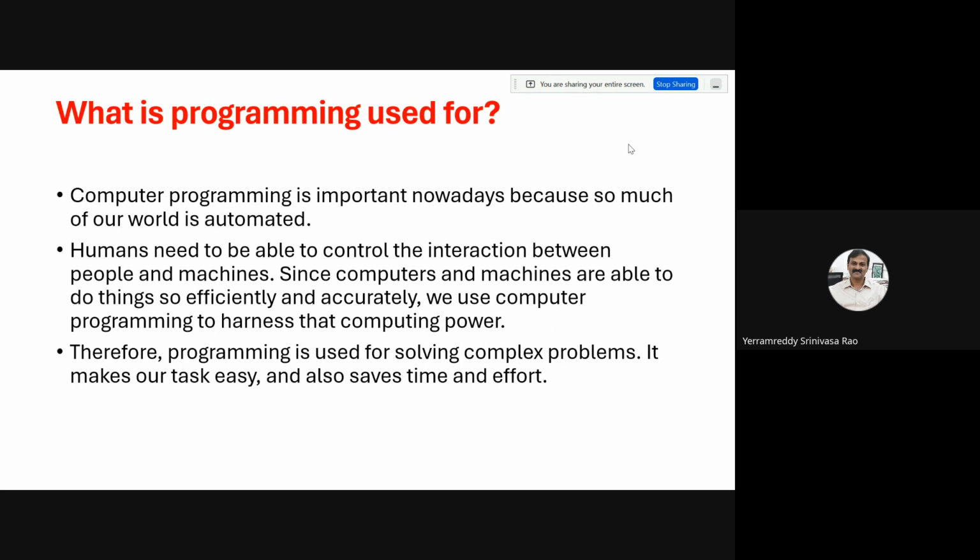This is today's level. Very soon, you won't even need to speak or express, you only have to think. Today, some people are developing computers in such a way that you just think, your brain waves, and that thinking is converted into a command.